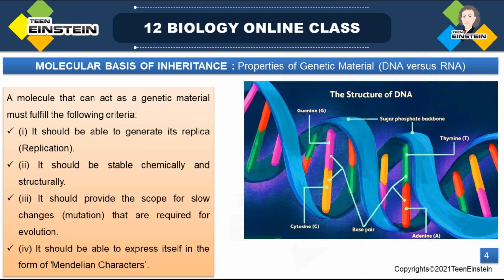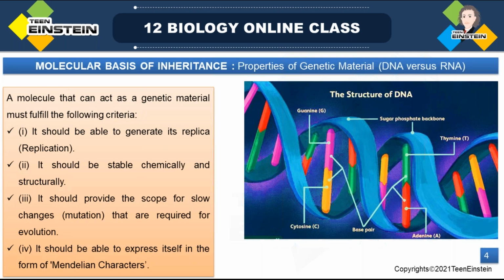Because RNA is unstable, the mutation also will be at a faster rate. So viruses having RNA as a genetic material, and having a very short life cycle, can mutate in a faster way. That's why now we are seeing mutations in COVID.